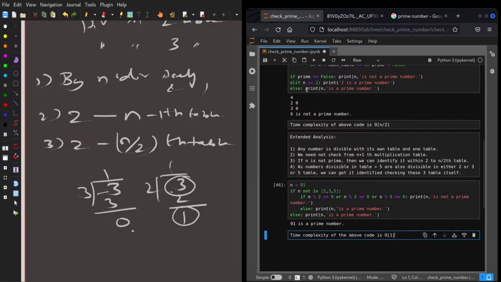So we will choose the latest algorithm as final.